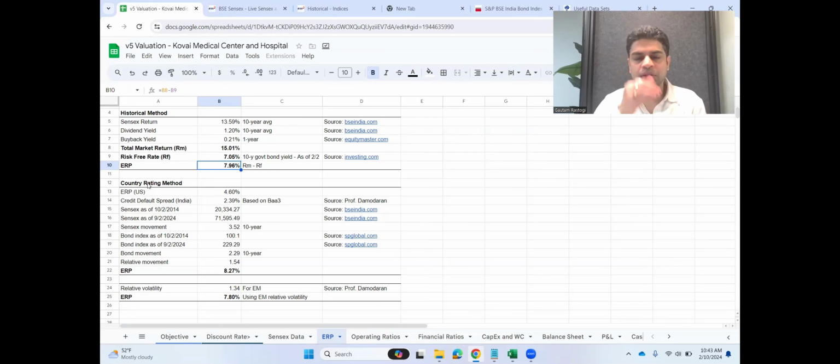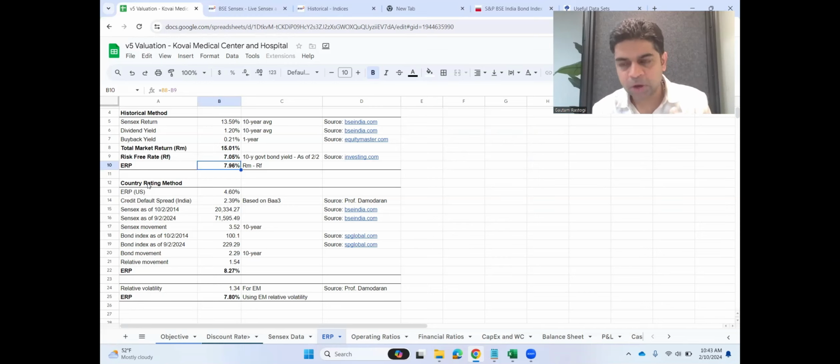So that is it for this module. In the next sub-module, we look at the calculation of beta. I've already explained the concept of beta in the last module. Once you're done with the beta calculation, we will be able to estimate the cost of equity.